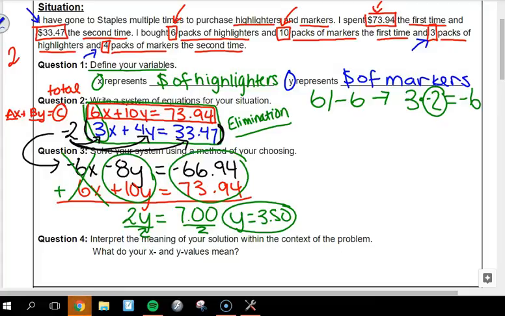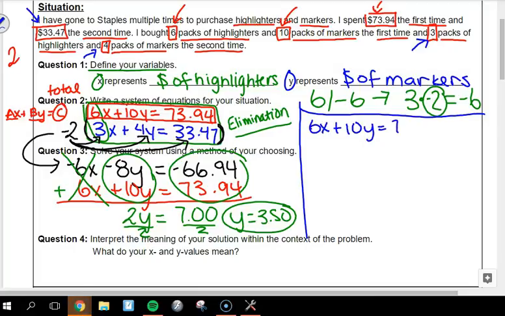Now, we're not done. We need to solve for x. So I'm just going to choose the first equation. If you'd like to, you can use the second equation. 6x plus 10y equals 73.94. Now, we know that y is the same as $3.50. So when I see y, instead of putting y, we're going to put $3.50.